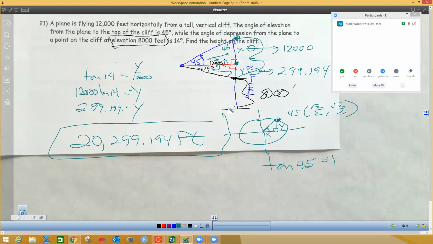Anybody get that on their own? I'm just curious because 20,000 feet is way up there. I got to find out how tall Mount Everest is. Make sure Mount Everest is that tall. I'm going to Google and see how tall Mount Everest is. Sometimes the people that make up these problems are a little crazy.